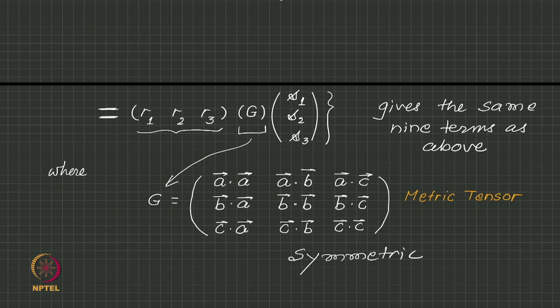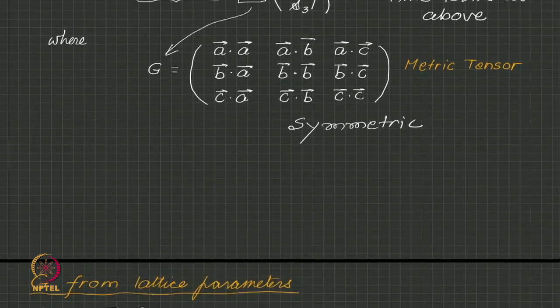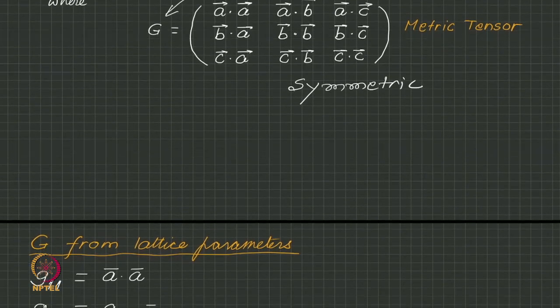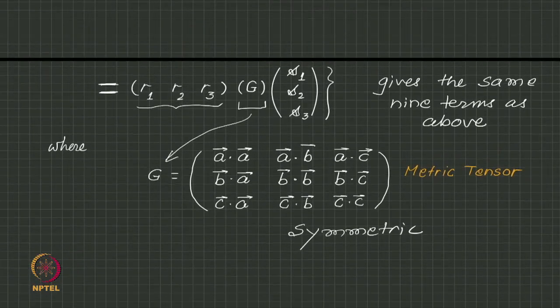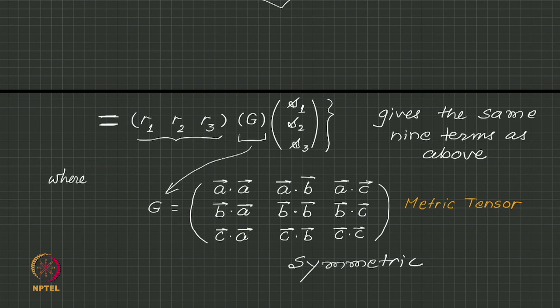R1, R2, R3 are components of one vector, S1, S2, S3 components of another vector. They are variables, but once a particular unit cell is selected in a particular crystal, this metric tensor is fixed. So, this is what is known as the metric tensor, used for calculating dot products in a general non-Cartesian coordinate system.